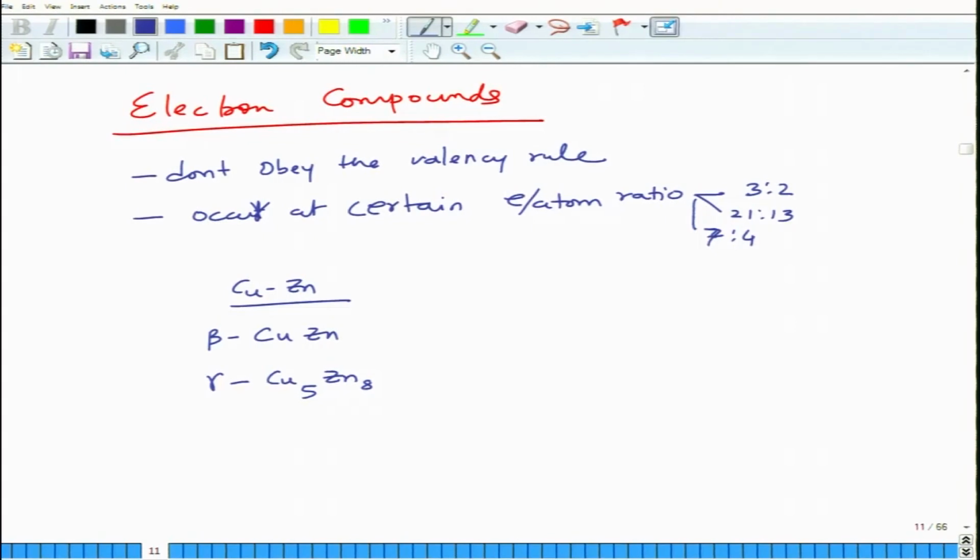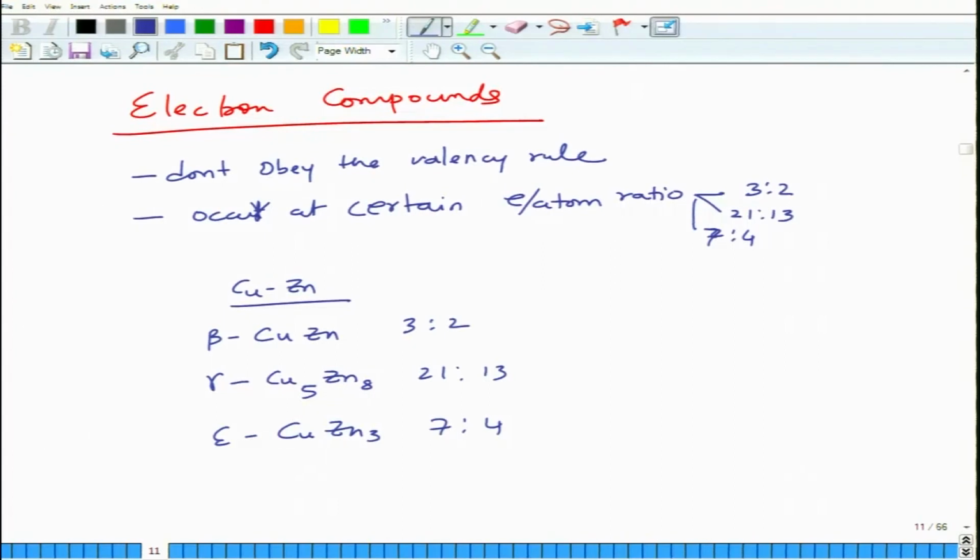So the electrons are 3, atoms are 2. Here 5 into 1, 8 into 2 will make it 21, atoms are 13. And then the third one is epsilon CuZn3, which has 7:4. So this is 3:2, this is 21:13 and this is 7:4. These are called electron compounds.